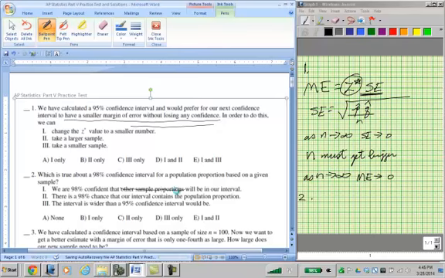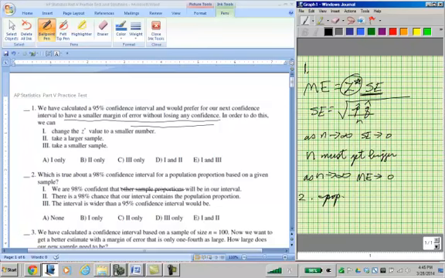We can be 100% confident that other sample proportions, if there's enough taken, will be in our interval. But it's not a statement of confidence about other sample proportions. It's a statement of confidence about the population parameter, commonly referred to in our course as P.